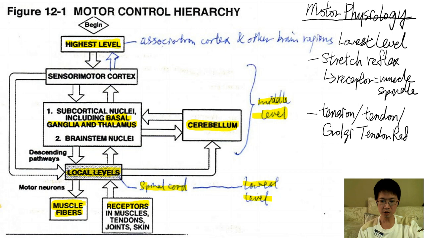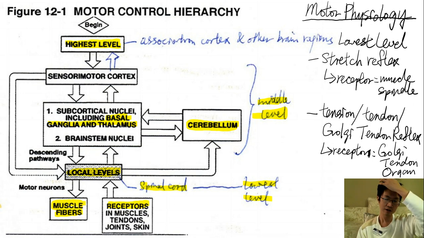So it has 3 different names, okay? The receptor that it involves is called the Golgi tendon organ, GTO, okay? GTO is the acronym.